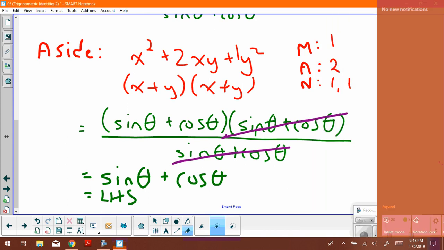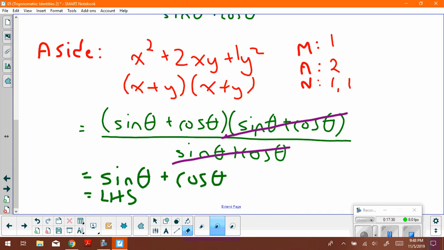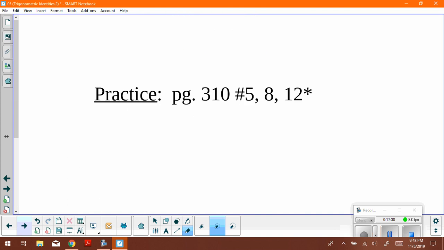But again, the only way you're going to get good at them is to practice them and try running them through. So there's the homework for this. It's number 5, 8, and again, if those ones are good and you want to challenge yourself, try number 12. But definitely try to work through 5 and 8. This has parts A to E or A to F in them, so there's lots of opportunity for practice.